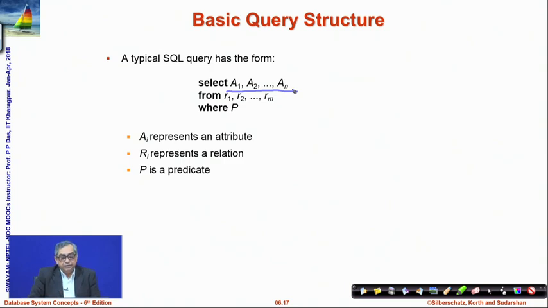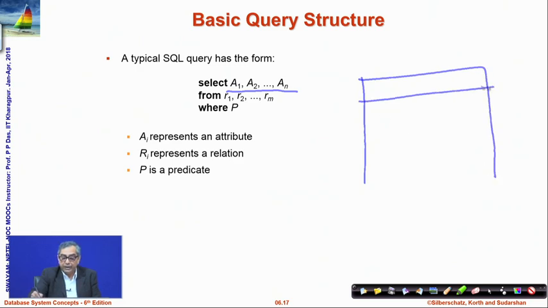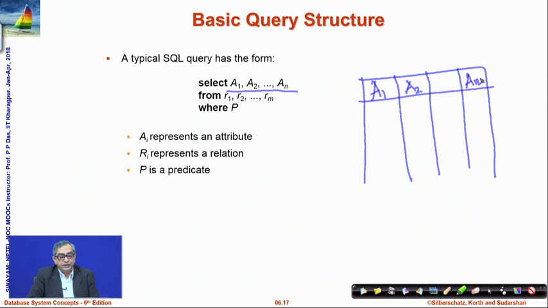This specifies that when a select query runs, it will finally give us a new relation, and in that relation the attributes that will be available are the attributes that feature in the select list. The next keyword is from, which specifies a set of existing relations.